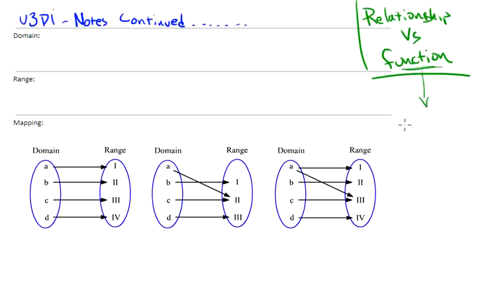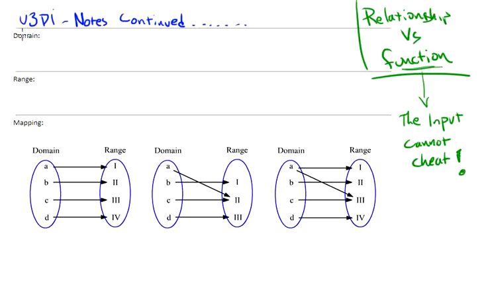So a function, the input cannot cheat. That is our one major rule about a function. So that's how we're going to tell the difference between a relationship and a function.